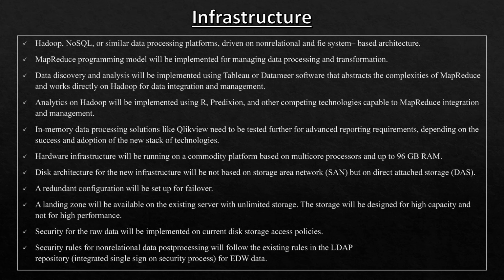Depending on the success and adoption of the new stack of technologies, hardware infrastructure will be running on a commodity platform based on multi-core processors and up to 96 gigabytes.